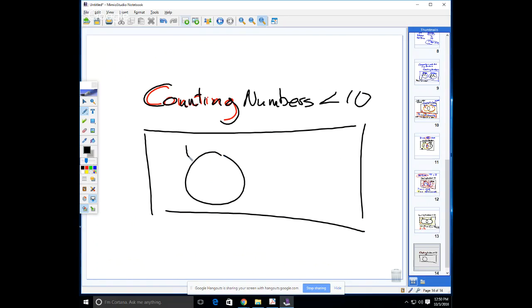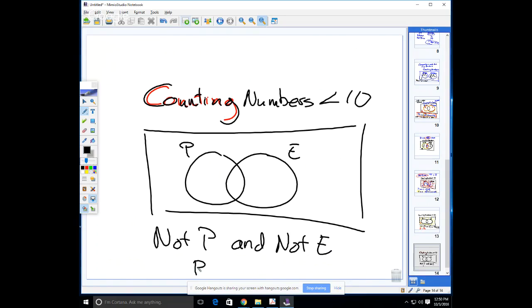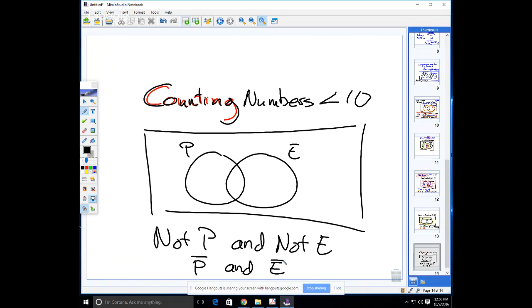Still going to do P, prime, E for even. This time the set I want to look at is not P and not E. So the other way I would write that is P with a bar over it, not P, and E with a bar over it.